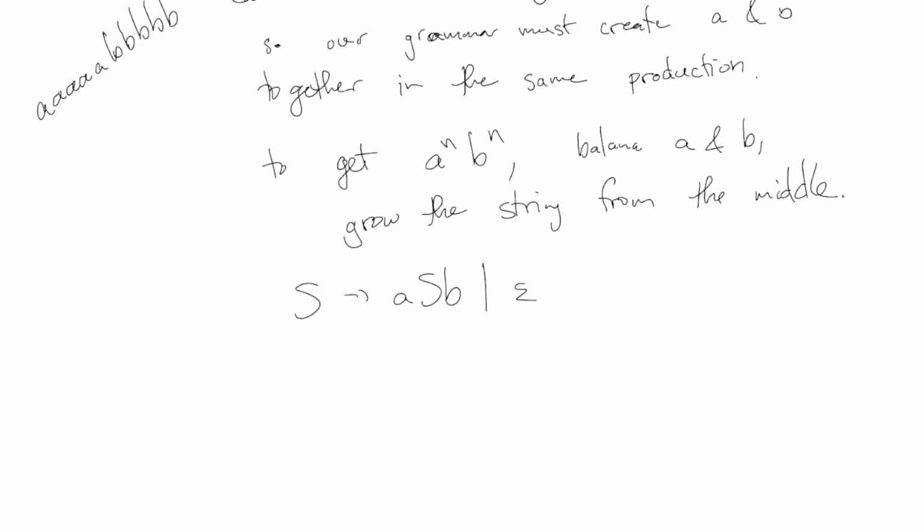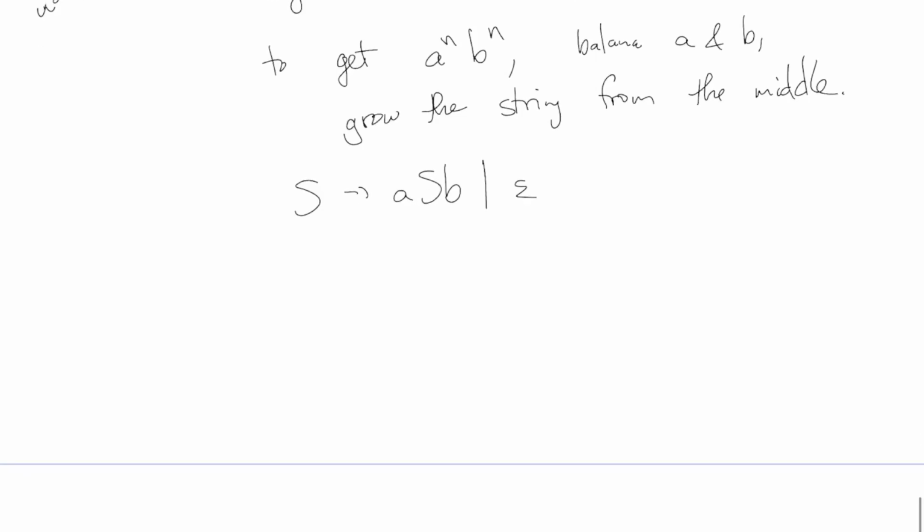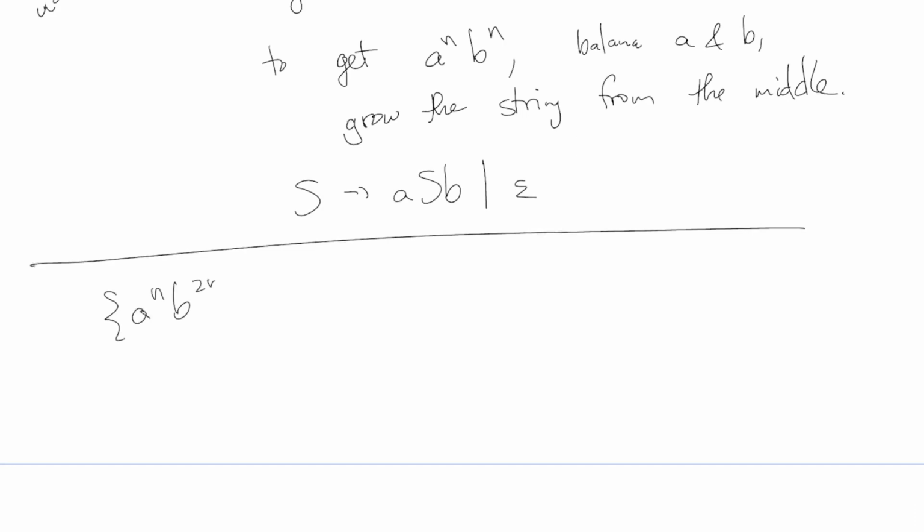So let's try some similar examples, variations on that. How about A to the n, B to the 2n? You have to think about what exactly is being balanced here. In the previous example, A to the n, B to the n, each A is balanced with a B. Can anybody say something of a similar format, but what precisely is being balanced here?